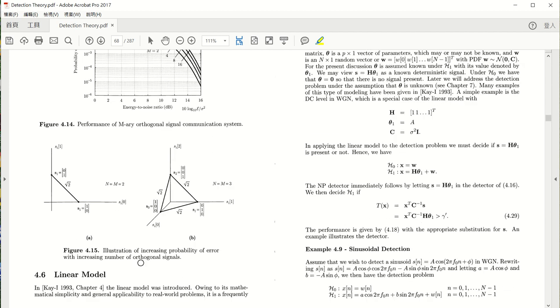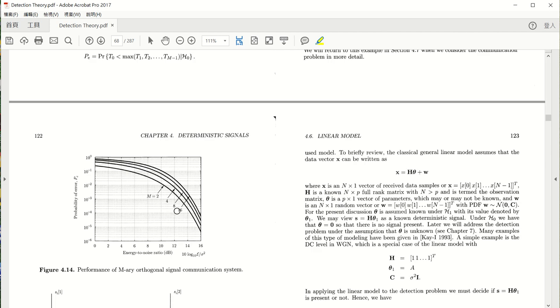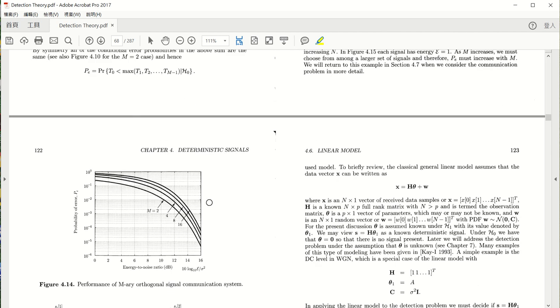And there are some illustrations. For example, 4-QAM: if we are talking about digital communications, 4-QAM is the standard 4-ary detection problem. So you have error probability that goes down here with this SNR, things like that. So I think that will be the end of this chapter, and also the end of this week.